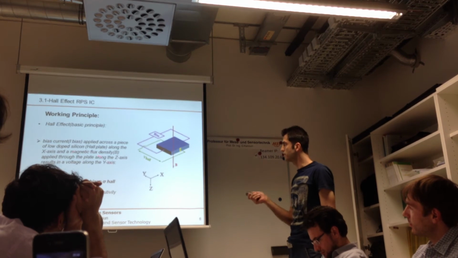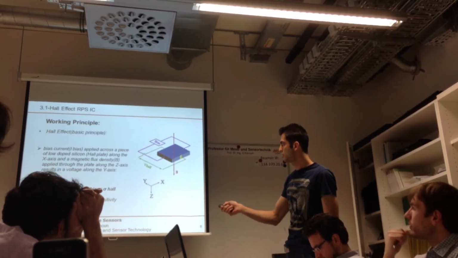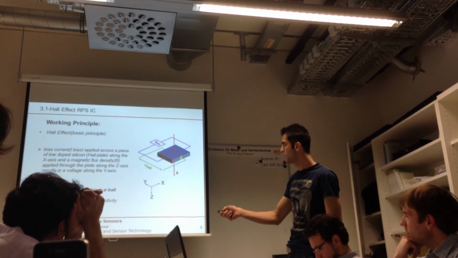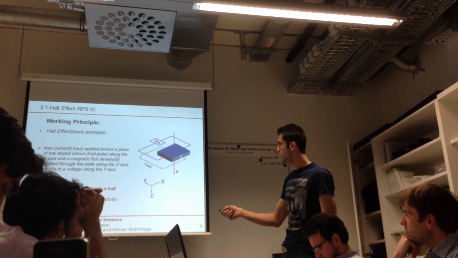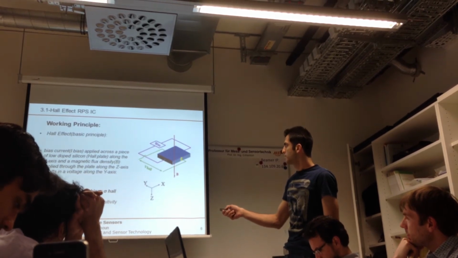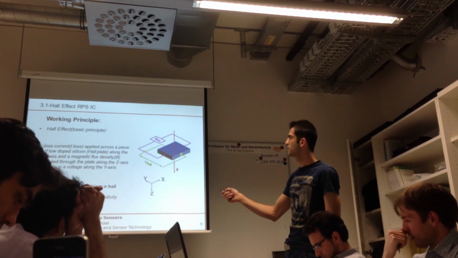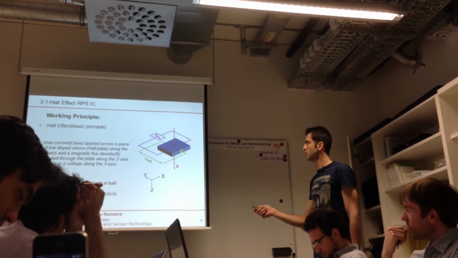This is the responsible formula for that. The main point here is that V Hall depends on the magnetic flux density. This is the idea behind designing the Hall effect rotary position sensor IC.